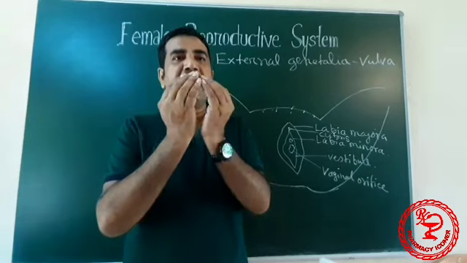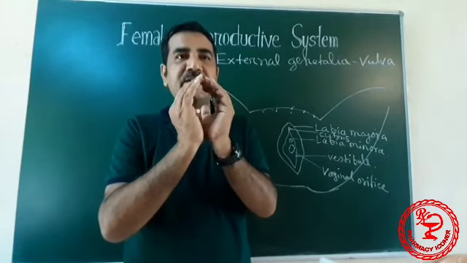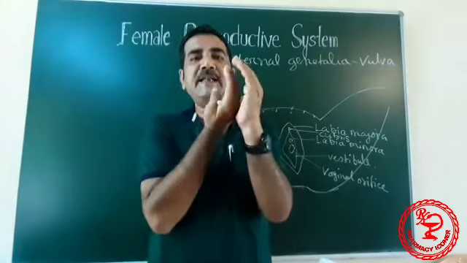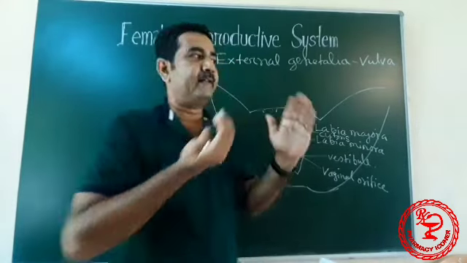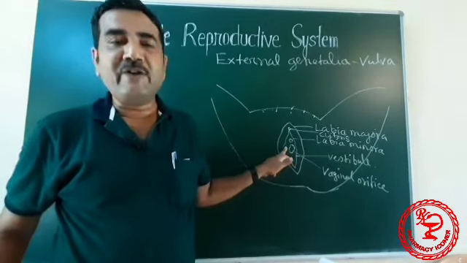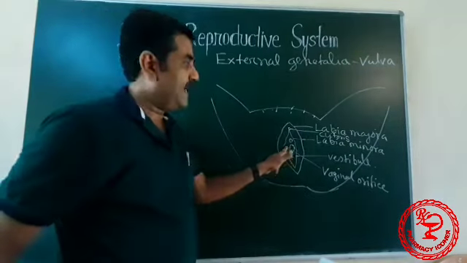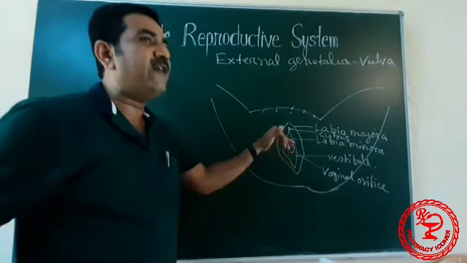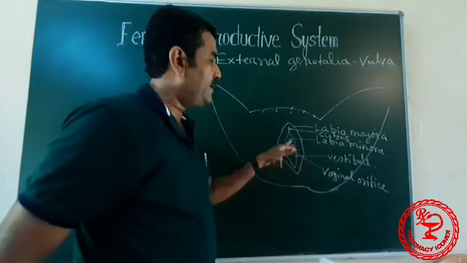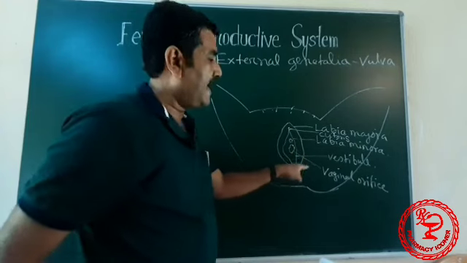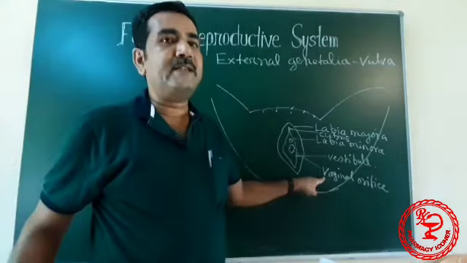If the labia majora is stretched, there is another folded piece of skin, that is called labia minora. Inside the labia minora, the vestibule is there, in which the urethral orifice and vaginal orifice are present.